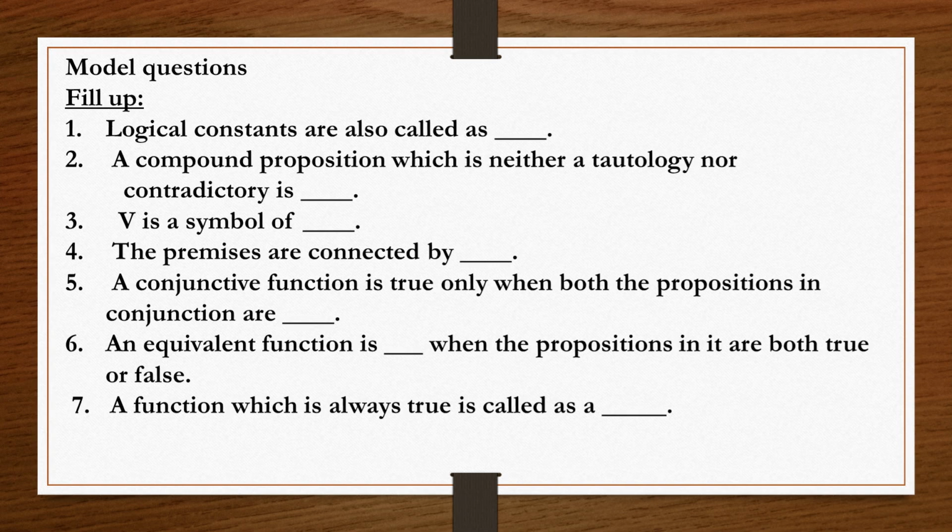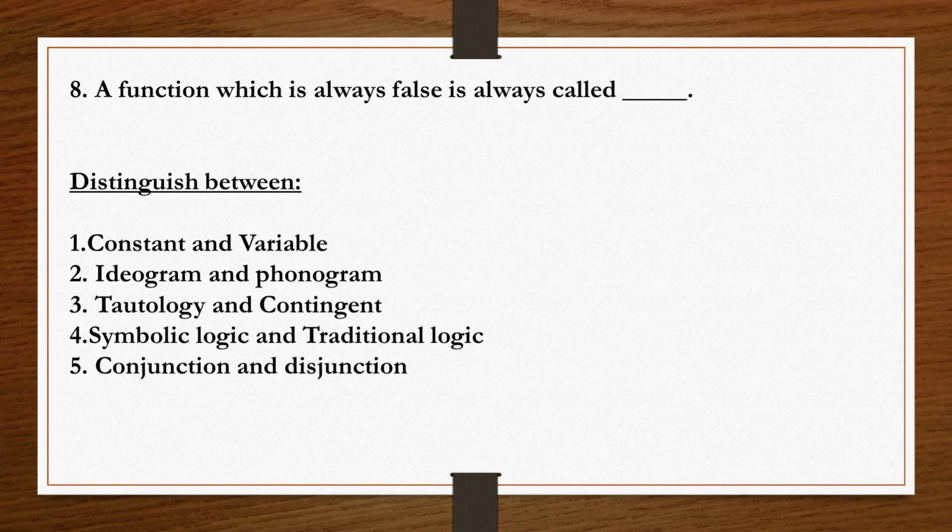A conjunctive function is true only when both the propositions in conjunction are true. An equivalent function is true when the propositions in it are both true or both false. A function which is always true is called a tautology. A function which is always false is called contradictory.